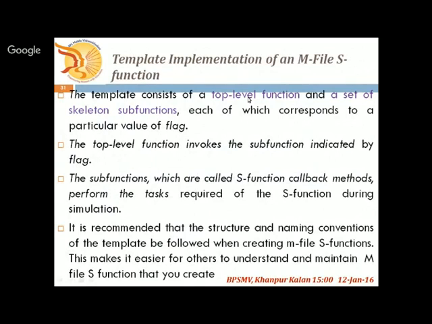The first function that you define through the function definition line is function [sys,x0,str,ts]. This is the top-level function, and each subfunction corresponds to each value of flag. The top-level function invokes the subfunction indicated by the flag. The subfunctions, which are called S-function callback methods, perform the tasks required of the S-function during simulation. Corresponding to each flag value, each subfunction performs a task.